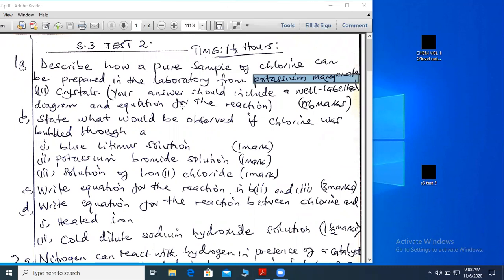Because chlorine gas dissolves in water, forming hydrochloric acid and hypochlorous acid. So if you collect it over water, then it will react with the water. So I wanted you to dry the gas first, and then you collect it by downward delivery.